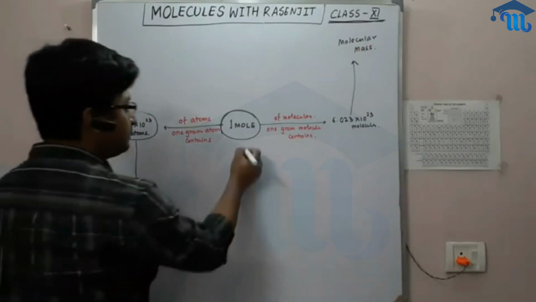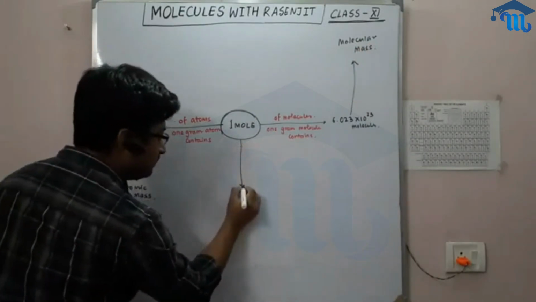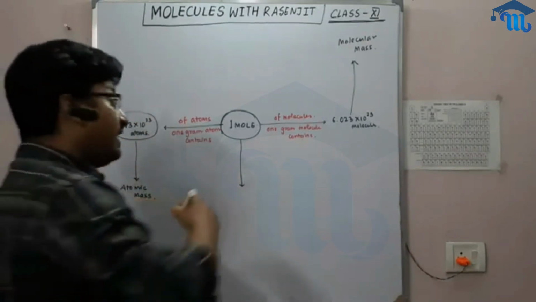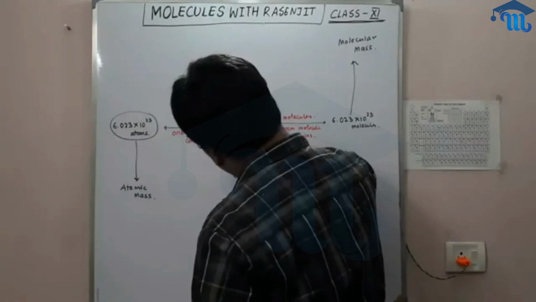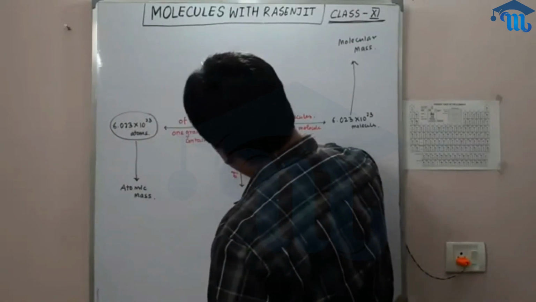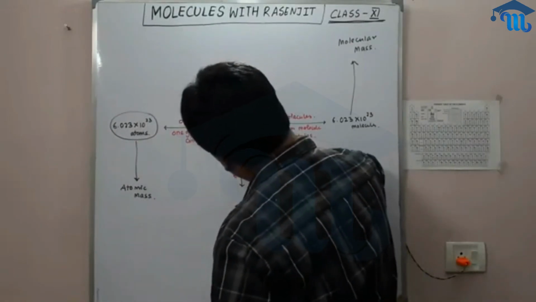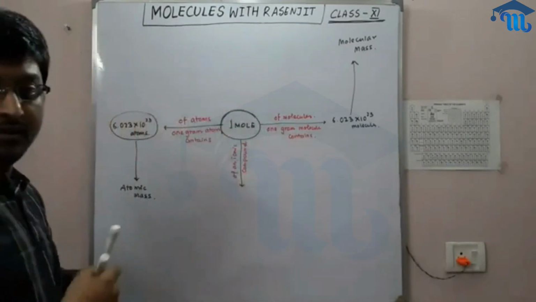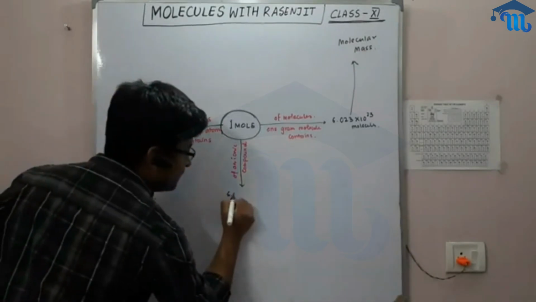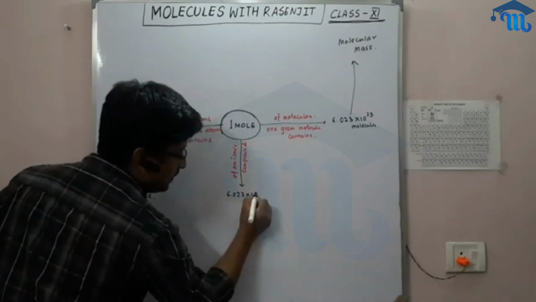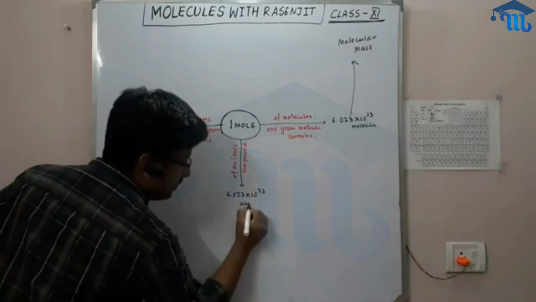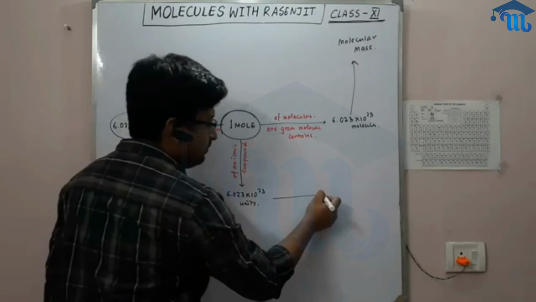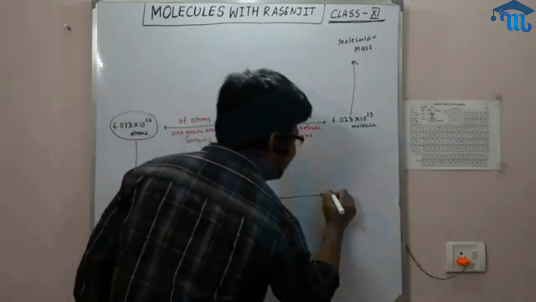Next, of an ionic compound, it will contain 6.023 × 10^23 units, right? And this will lead you to the formula mass.